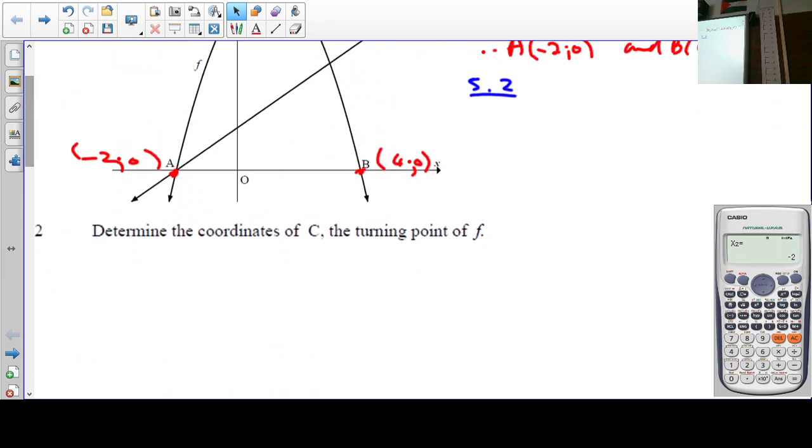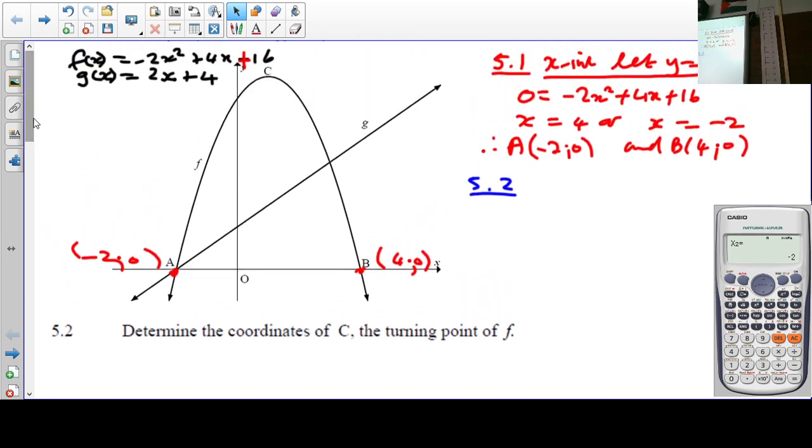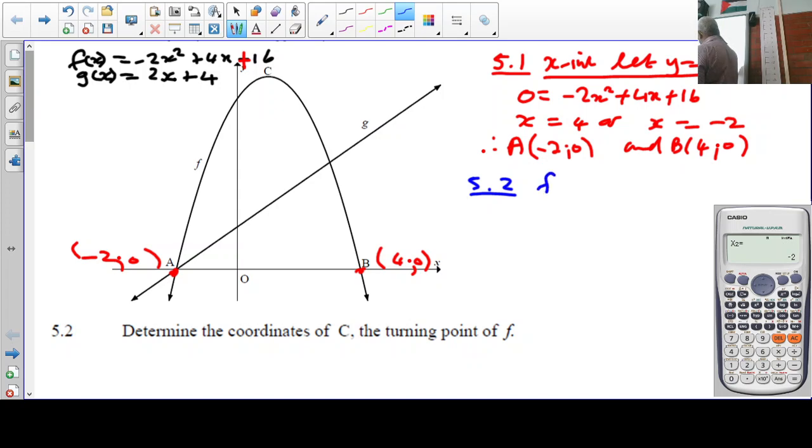In question 5.2, we are asked to determine the coordinates of C, the turning point of f. So how do we calculate C? First derivative, not so. So f prime of x equals negative 4x plus 4. We set that equal to 0, so x works out to be 1.